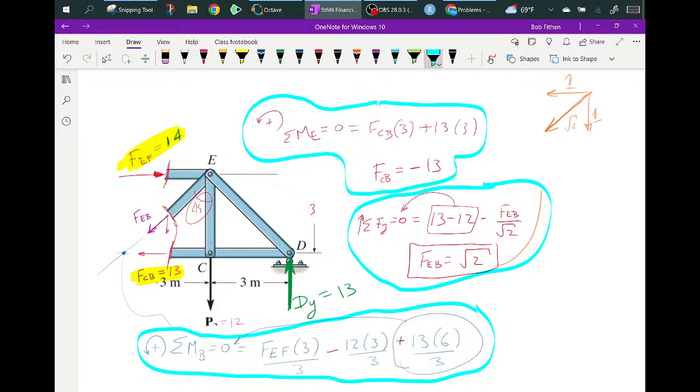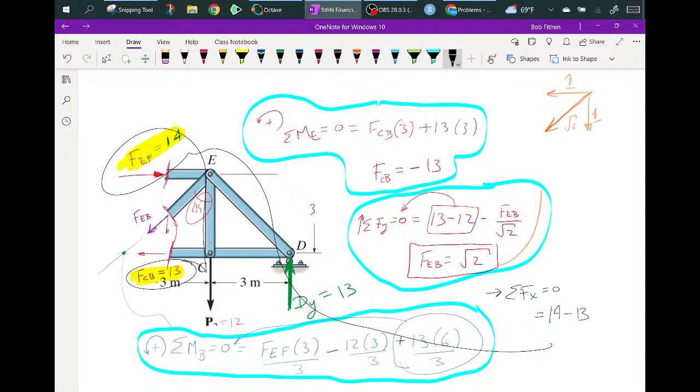If it didn't, in other words, what I was saying, sum of the forces in the x equals 0. There is no x. But what I have here is 14 to the right, 13 to the left. There's my 14, there's my 13. And then I've got a little component going to the right there.